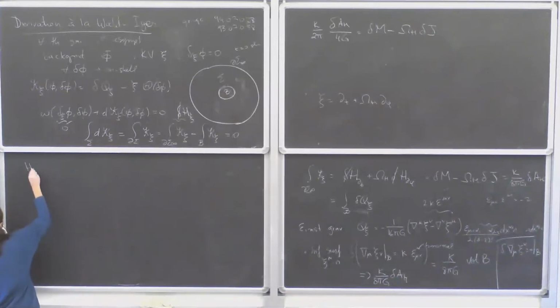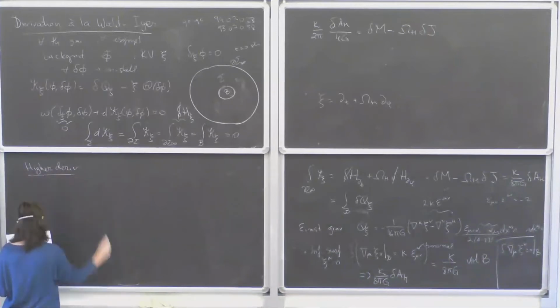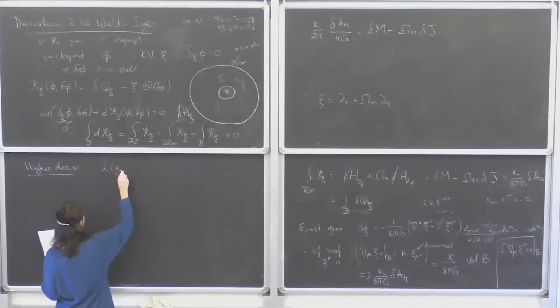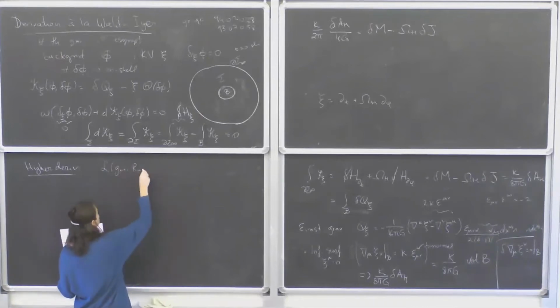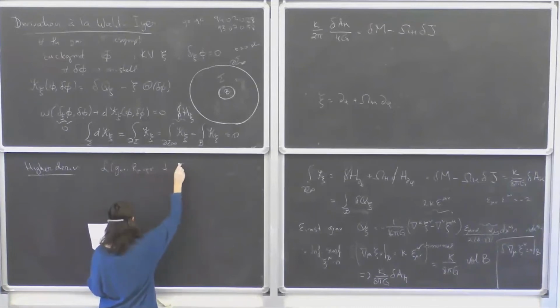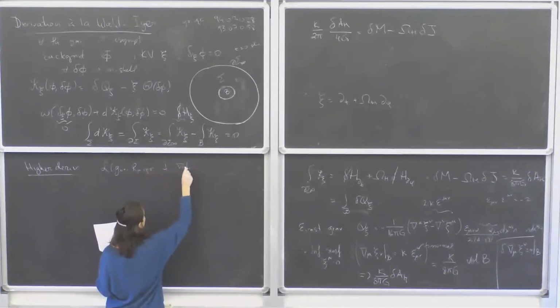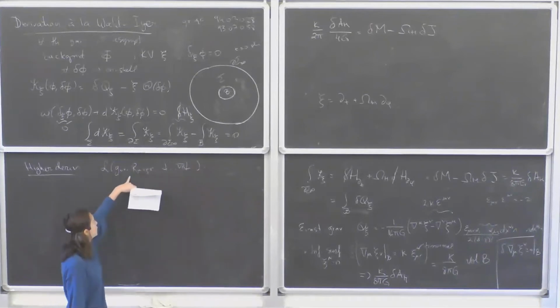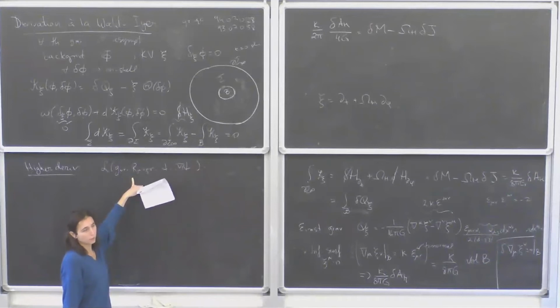Okay, so now we want to consider theories with higher derivatives. So we consider some totally general Lagrangian that depends on g mu nu, the Riemann tensor, and all sorts of matter fields, their covariant derivatives, arbitrary numbers of covariant derivatives, etc. Actually, you can also consider theories where you have covariant derivatives of the Riemann tensor appearing in the Lagrangian, but then we have to work even more to get an expression for the entropy.